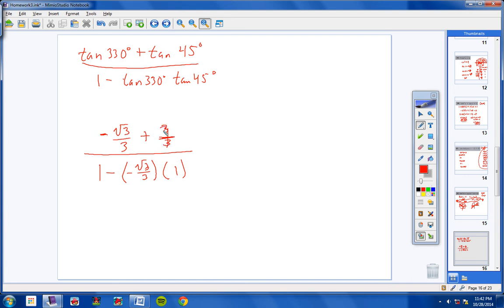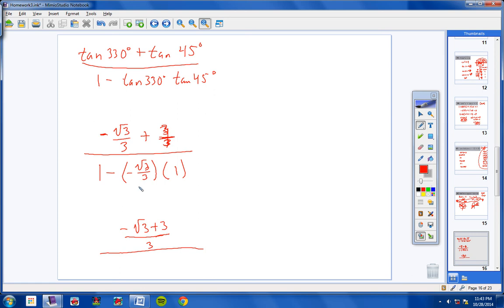And I used 3 because of my denominator over here being 3, okay? So, what I have now is negative square root of 3 plus 3, so negative square root of 3 plus 3 all over 3. That's in your numerator, okay?